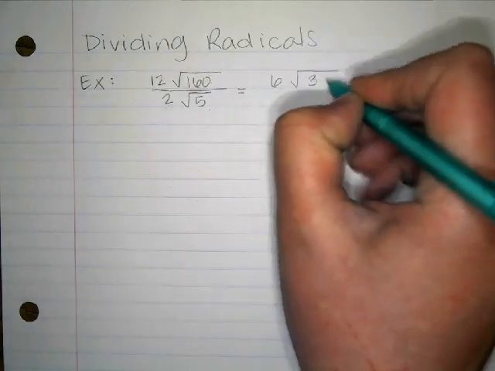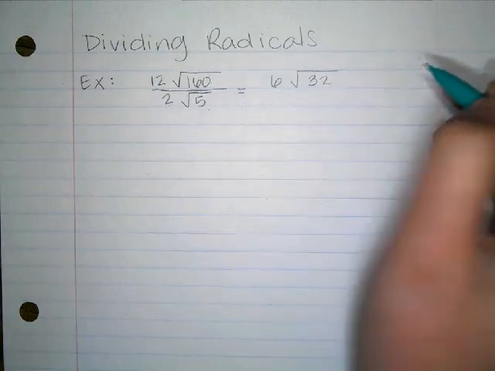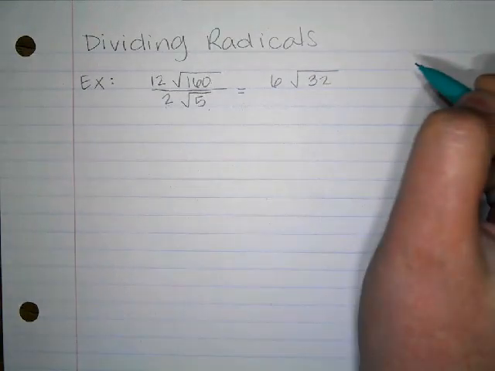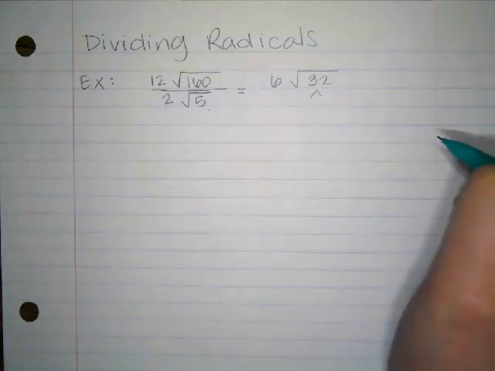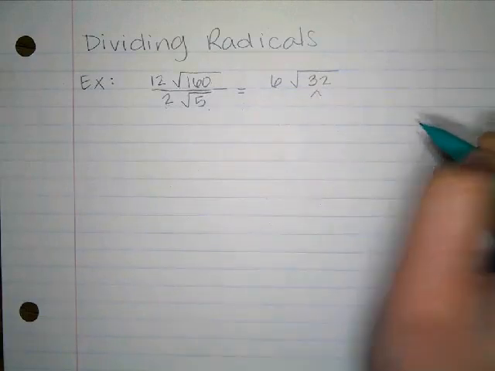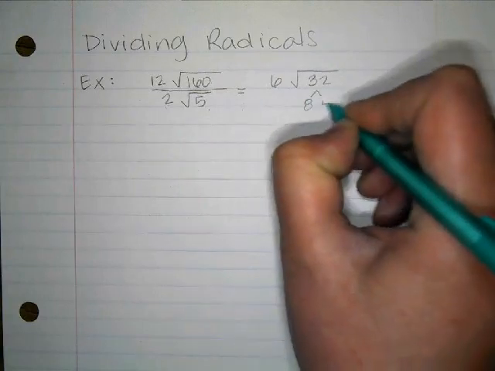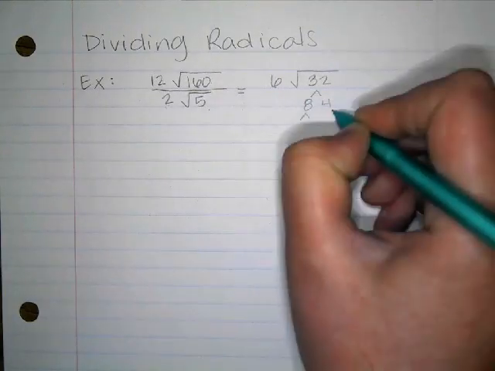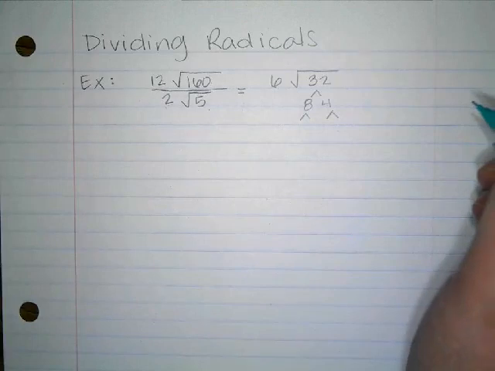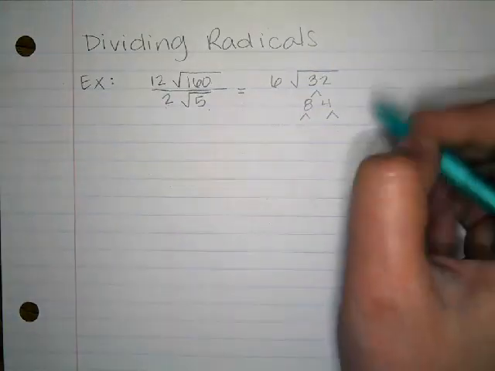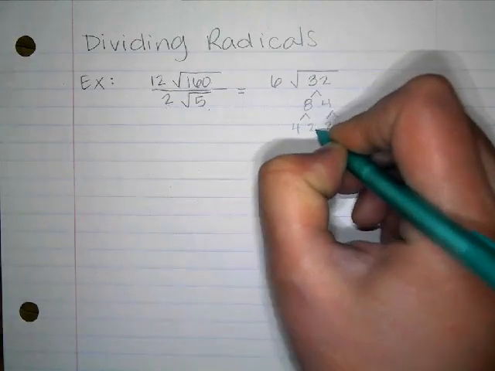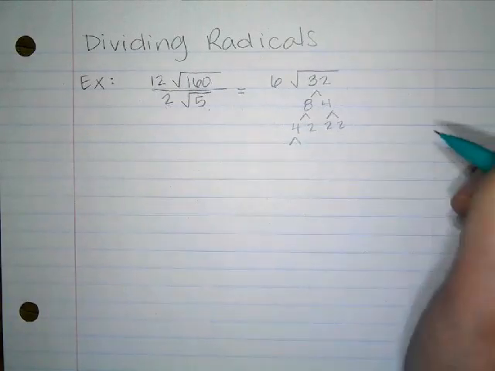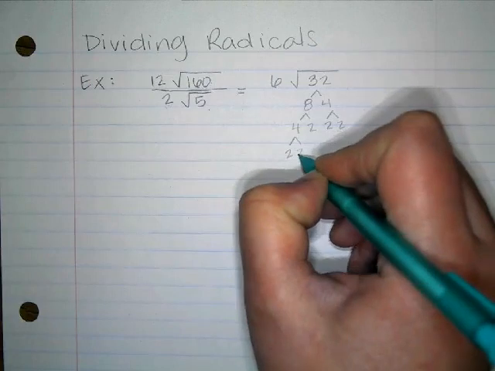32. Okay. Is 32 a perfect square? No? Okay. So let's break it down then. 32 is what times what? 8 times 4. Okay. How do we break down those numbers? 2 and 2, 4 and 2, and then 4 is 2 and 2.